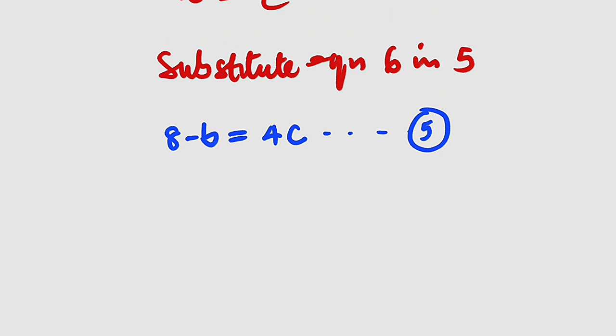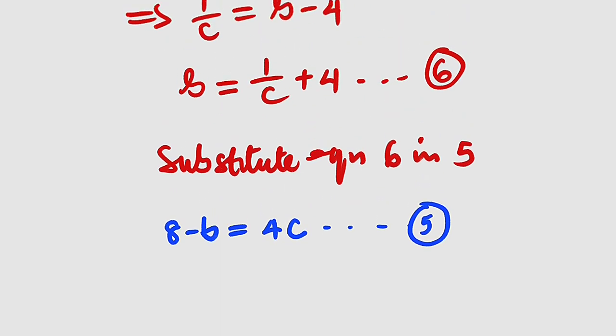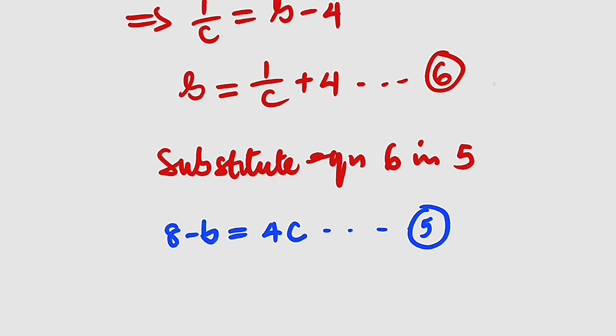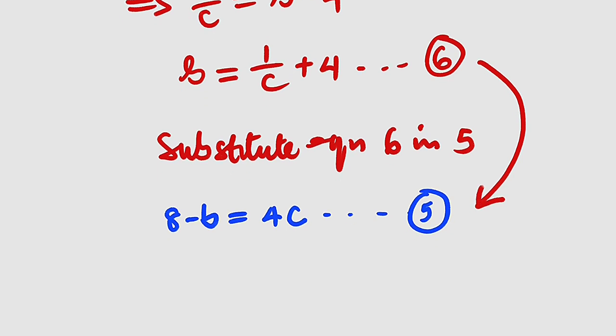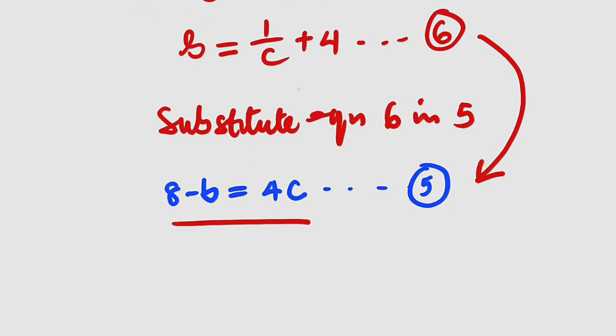All right, here is equation number 5. We are going to plug in equation number 6 into this equation. Equation number 6 is expressed in terms of b. So wherever we have b here, we are going to replace it with 1 divided by c plus 4. So this is 8 minus b, but b is 1 divided by c plus 4. Right?